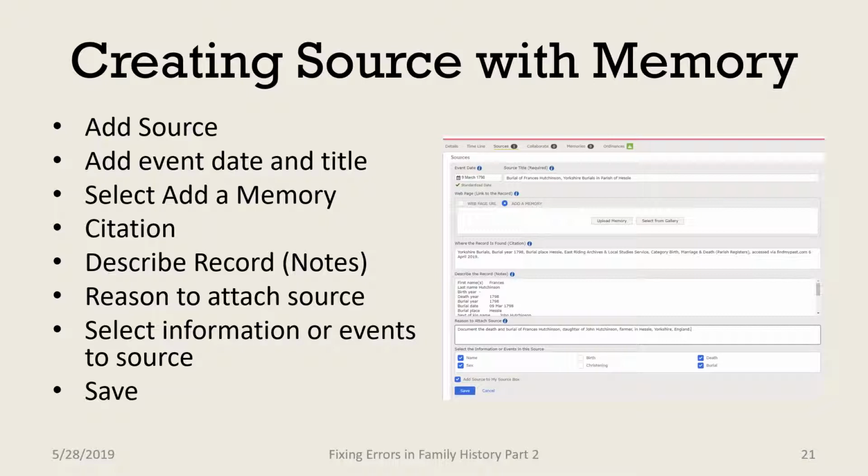I select the information or event that I want this source linked to, in this case, name, sex, death, and burial. If I want to attach this record to someone else, which I do want to attach it to her father, I check the box to add source to my source box. Then I click the blue Save button. Later I will attach this source to John Hutchinson from my source box.